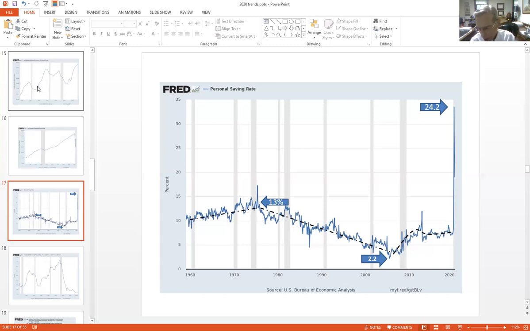And then you can't really see it, but it dipped back down to slightly less than 20%. And it will continue to decline because it can't stay that high.